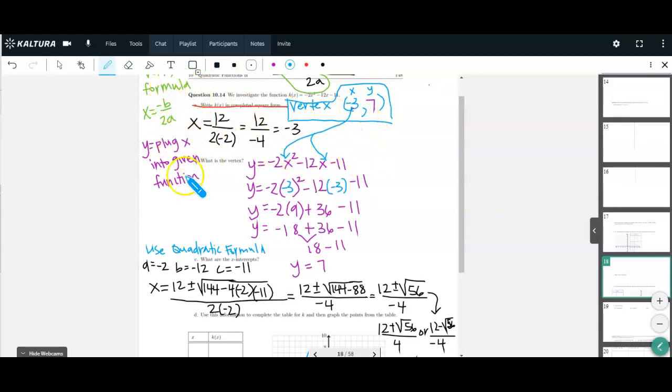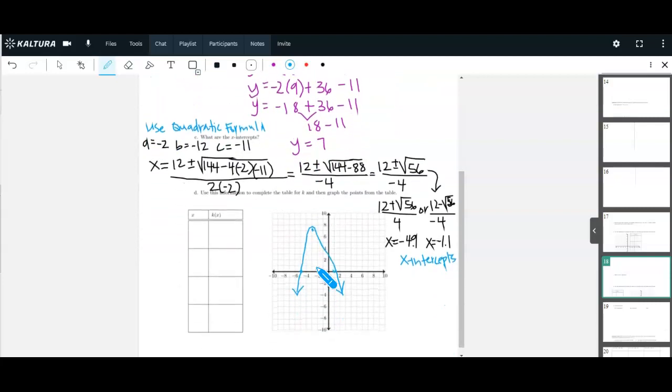We used the vertex formula, negative b over 2a, and figured out that x was negative 3, and then put -3 in place of x and solved for y to find it's 7. So we've got our x-intercepts, and our vertex that we already figured out from above, which was negative 3, 7. So these are 3 different points that we had.